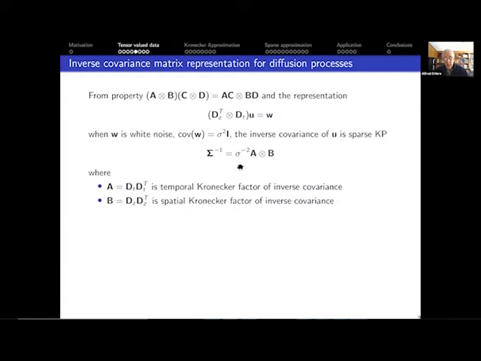Where A and B are dz and dt, or dt and dz, because we're taking a covariance outer product, right? So that they become non-negative definite matrices.